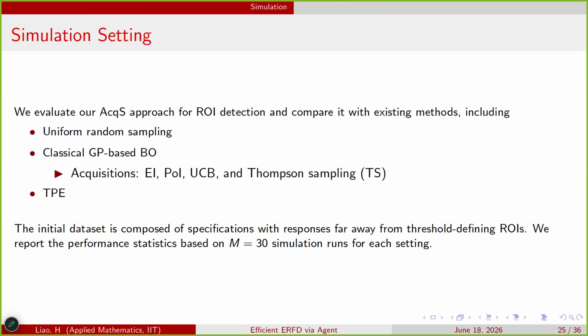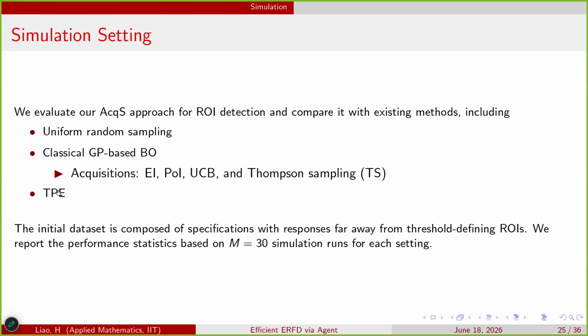And for simulation, we tried this proposed method, and we compare with uniform random sampling and some classic Gaussian process-based Bayesian optimization, and we choose different acquisition functions like the expectation of improvement, the probability of improvement, upper confidence bound or lower confidence bound, and Thompson sampling.